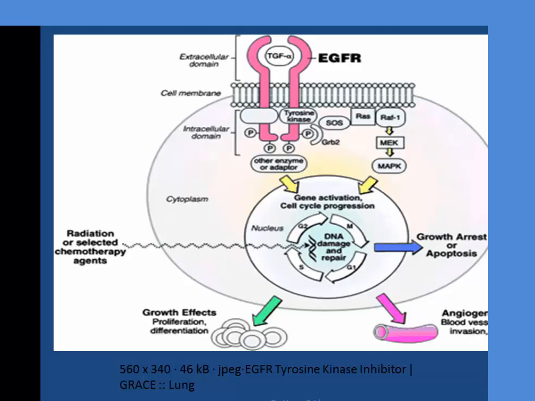So this is the story. If you have a tyrosine kinase, insulin can act as a drug. It can act as a drug, and that's what you deal with in terms of treatment of diabetes type 1.